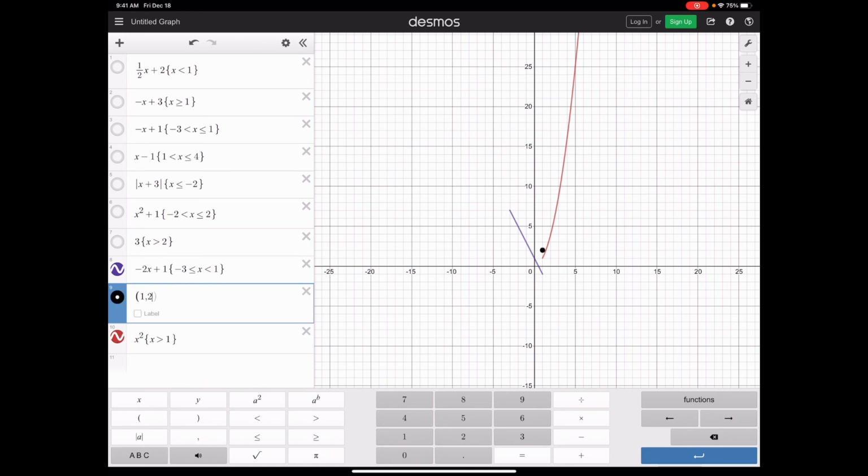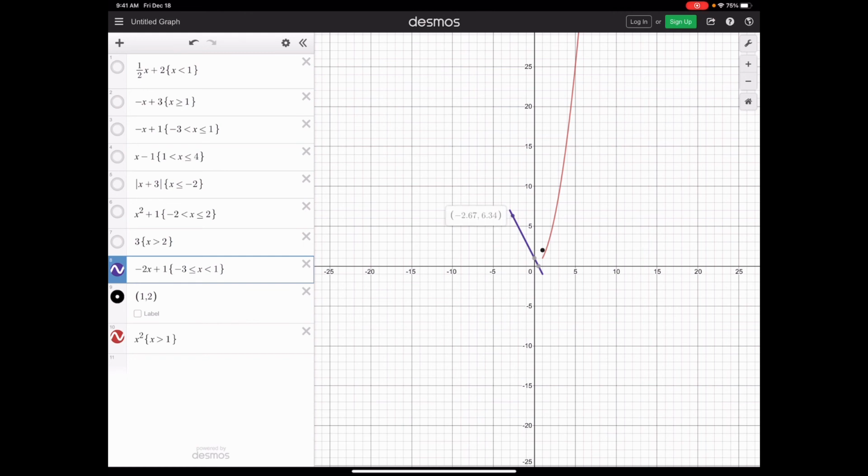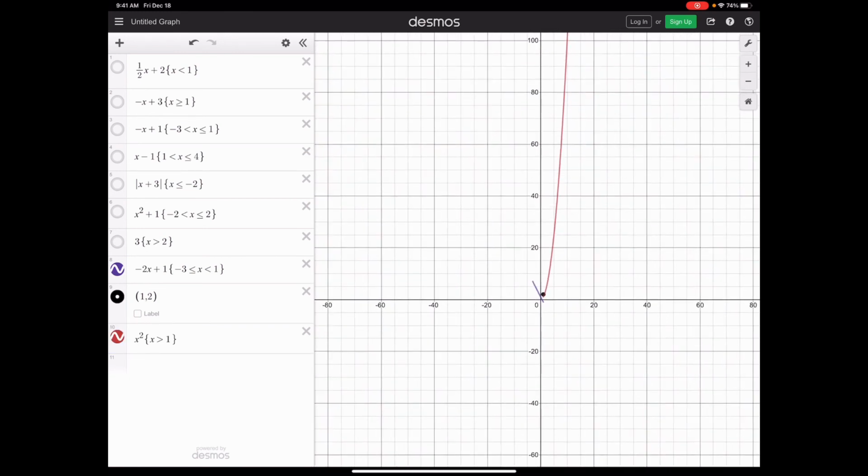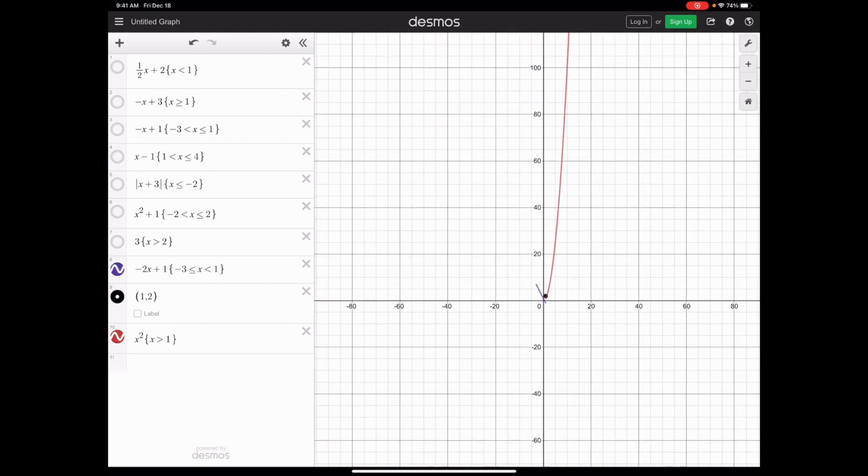That would look a little bit better. So if I wanted to check for points of discontinuity, there's a point. If I did this one, there's my hole. And then here on this one, there's my hole. And if I zoom out, I can see that that red graph is going to go up forever.